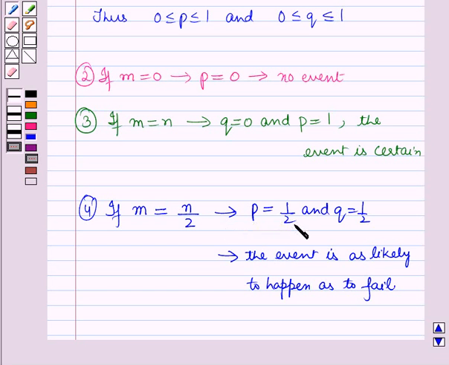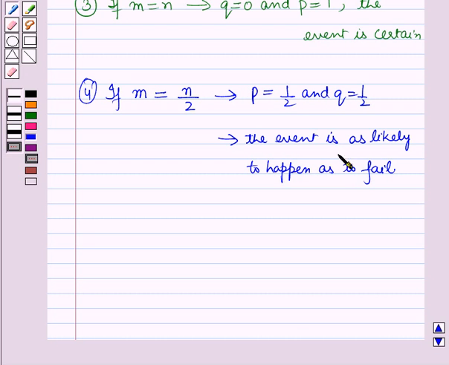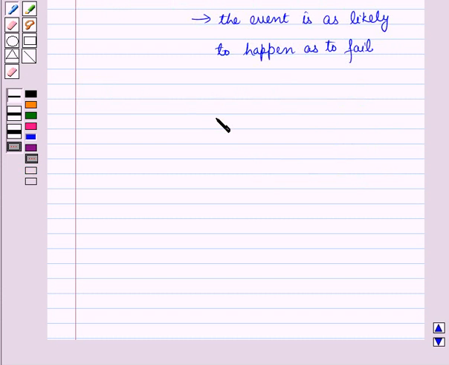That is, when the probability of happening of an event is equal to the probability of failure of an event, the event is as likely to happen as to fail. That is, the chances of success or failure are equal. For example, on tossing a coin, a head or a tail is equally likely to occur.